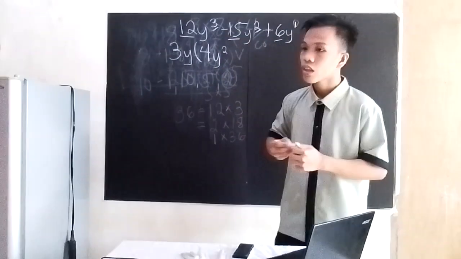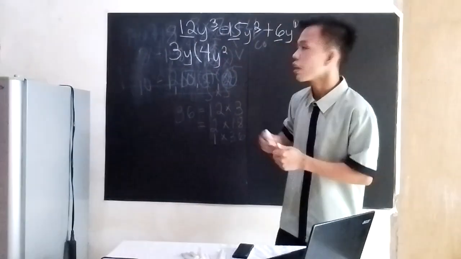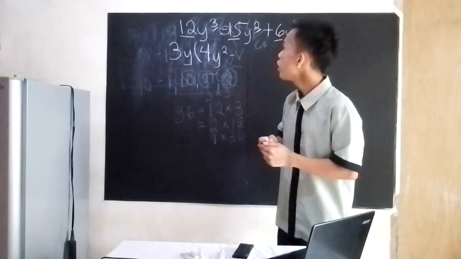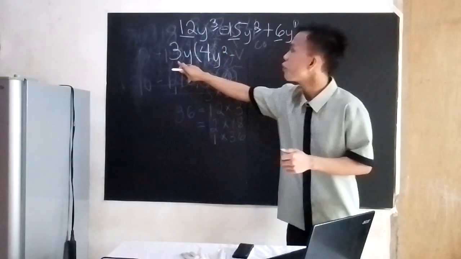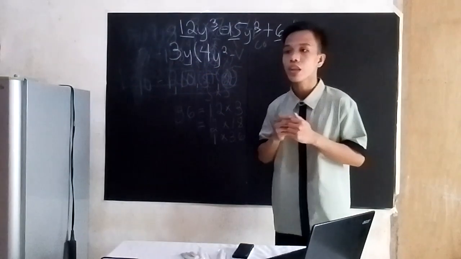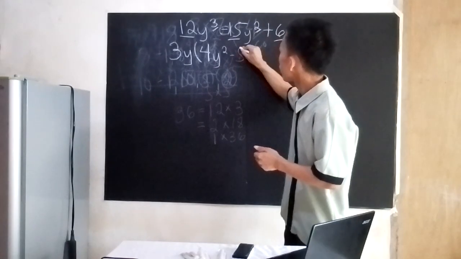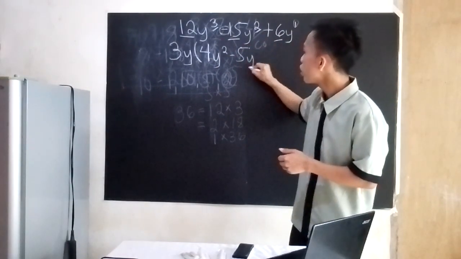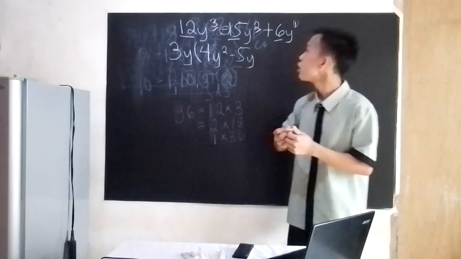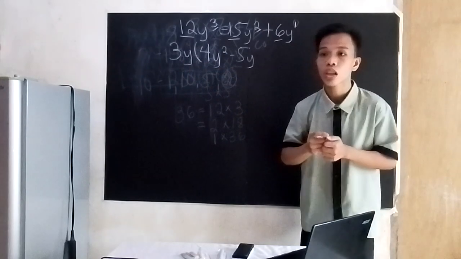Then, our next process is we are just going to copy the sign. Then, 15 divided by 3. What is 15 divided by 3? That's right, so 5. Then, copy the variable. Then, what is 2 minus 1?